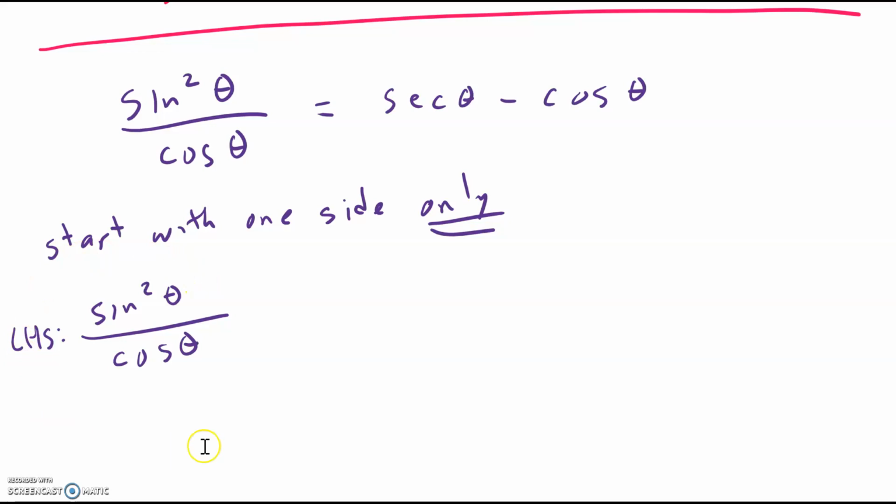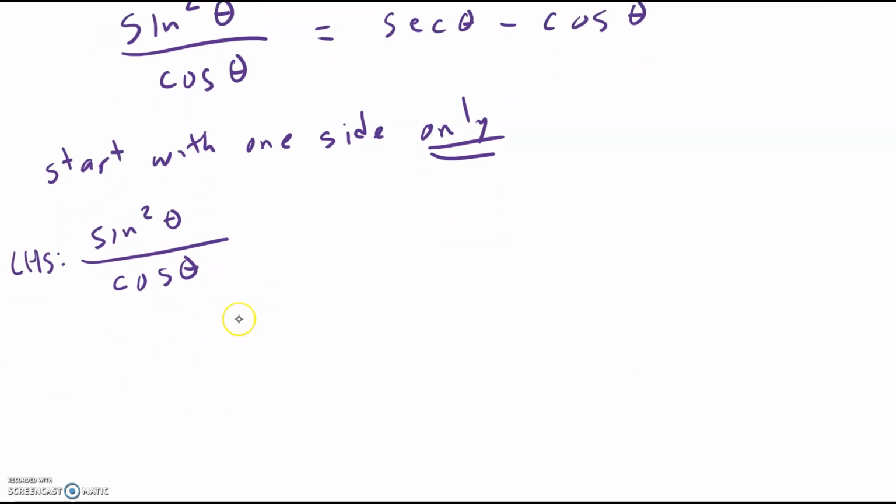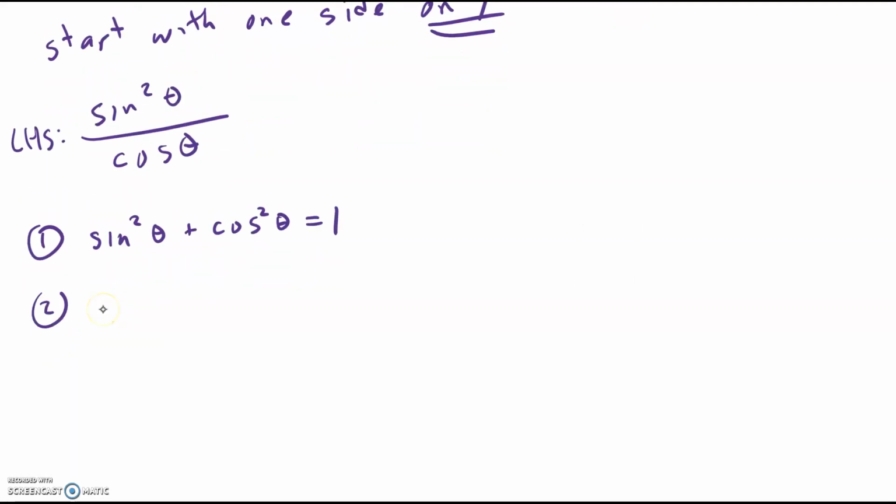And then you can say, all right, well, it's generally accepted that sine squared theta plus cosine squared theta equals 1. I'll call that step 1. So that's a generally accepted fact. Okay, so if that is true, then statement 2, sine squared theta equals 1 minus cosine squared theta.